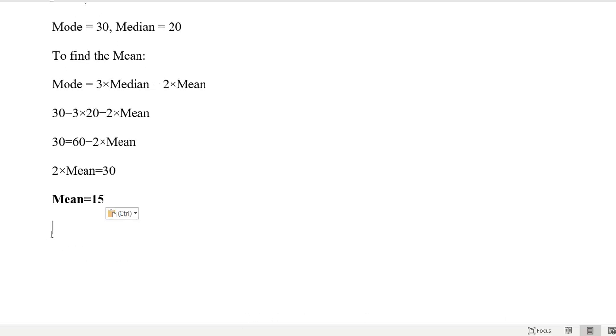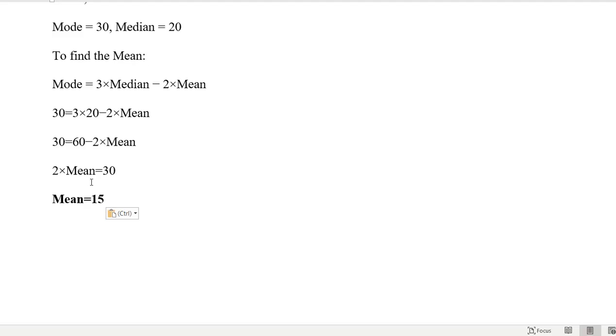I'll give you two questions where these values are not given. So first you have to find the values of any two, and then you can find the third value using this empirical relationship. I suggest that in ungrouped data, mode is easily calculated. Similarly, median you can locate just by arranging the data and finding the central value.